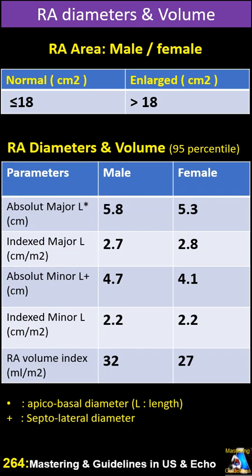Here we have right atrial diameters and volume in female and male. That is the absolute number of the area on the right atrium. Here we have volume and diameters, major and minor diameter and index.